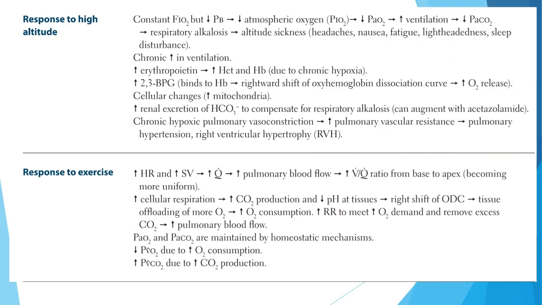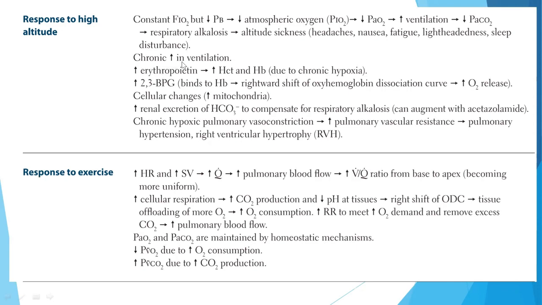So what will happen in case of high altitude and exercise? In case of high altitude, there is decreased atmospheric oxygen pressure and decreased arterial oxygen, which will lead to an increase in ventilation, and ultimately that will also lead to a decrease in the alveolar CO2, and this will lead to respiratory alkalosis, which is also called altitude sickness.